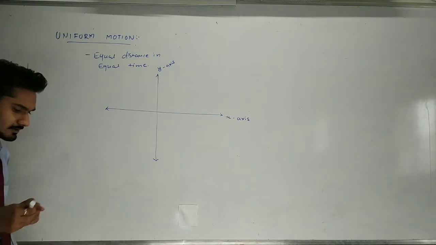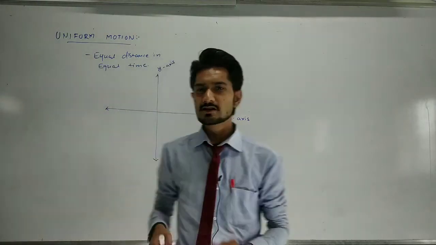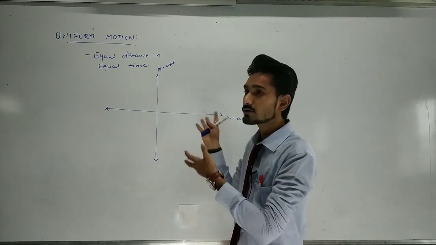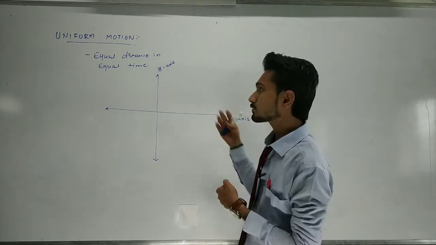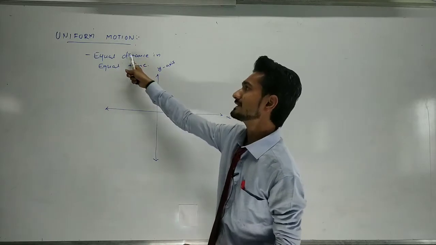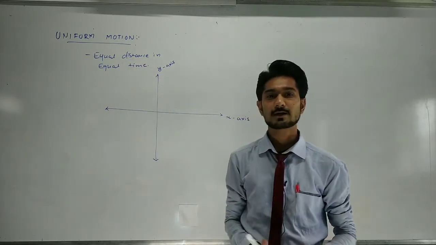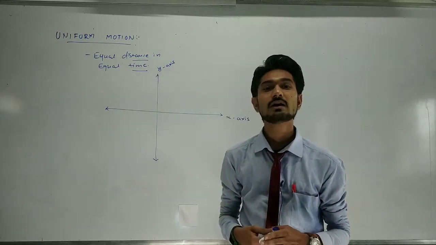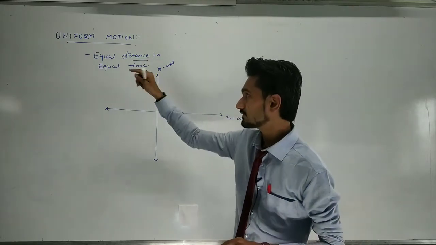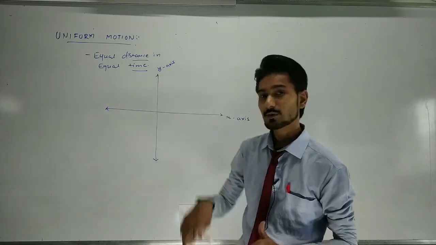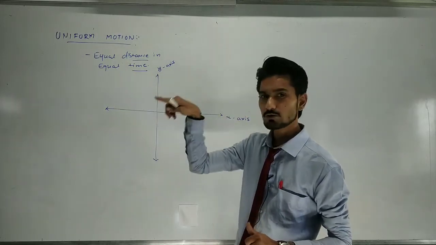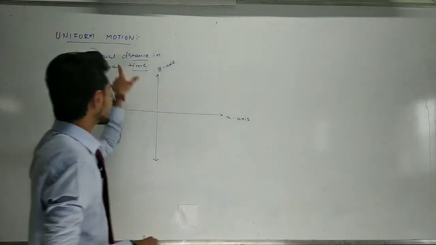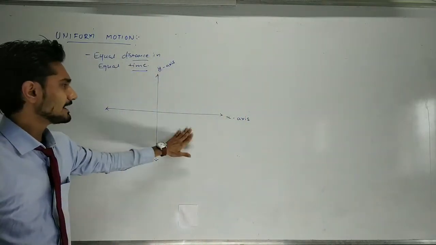Now we have to take two quantities to draw the graph, and these quantities are distance and time. In the next topic we are going to see what distance is. Time and distance we have to plot on the x-axis and y-axis.